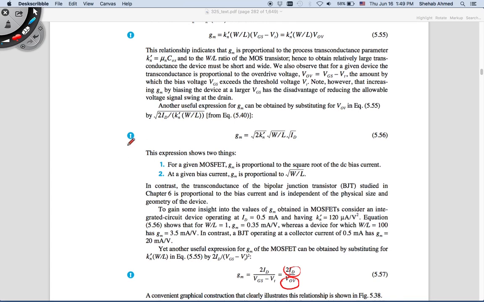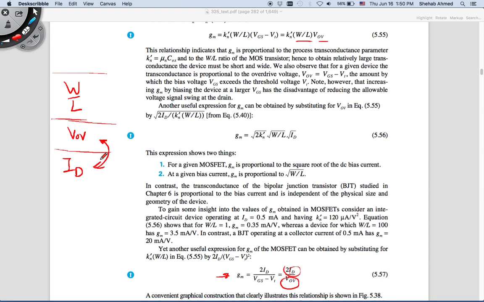Right? So which means I have what? I have dimensions of the device and the overdrive voltage and the DC operating point. These are three parameters that control my gain. The gain can be controlled by any two of them. So if I choose two, I get a third one. I mean, I don't have a choice. The third one I have to comply with, because this is gain and it's controlled only by two of these parameters, which means the third is defined.